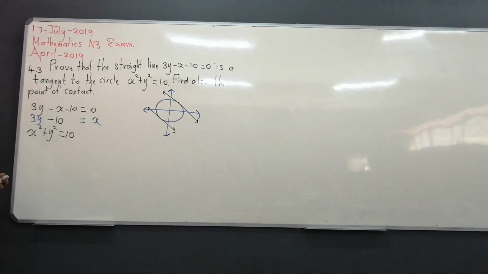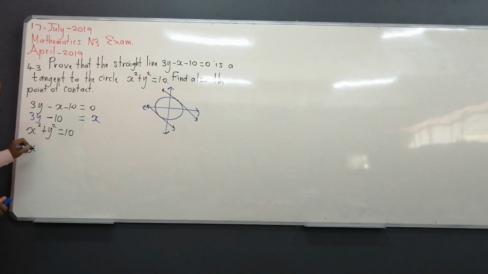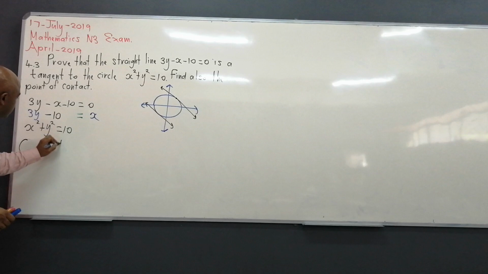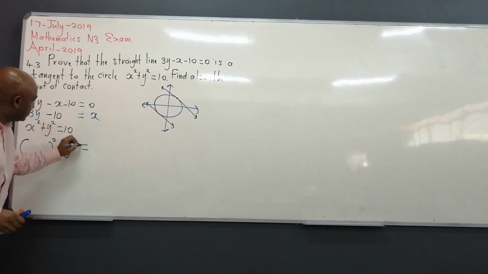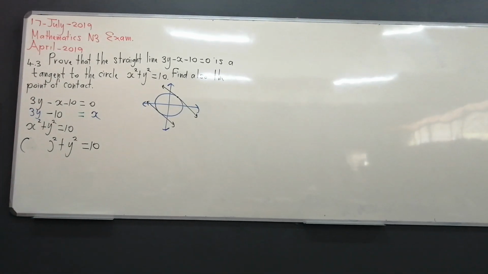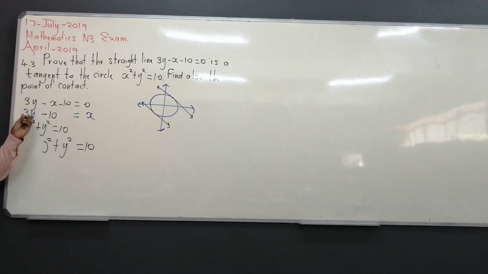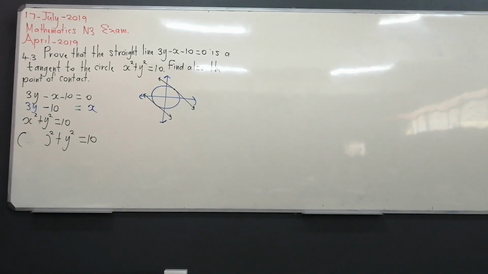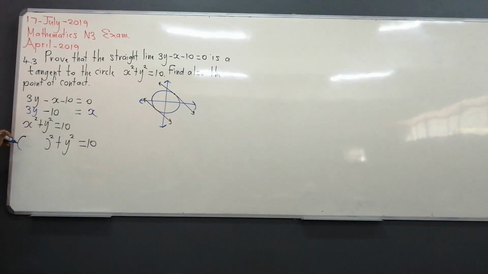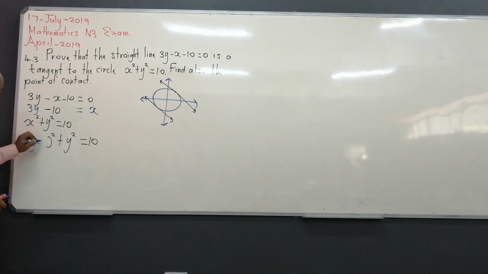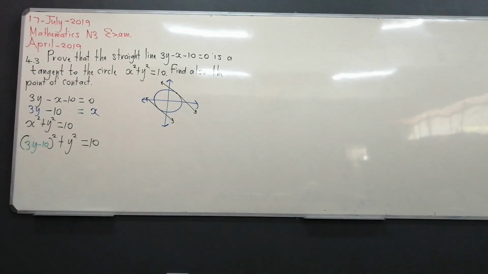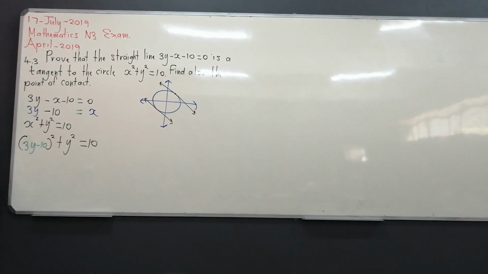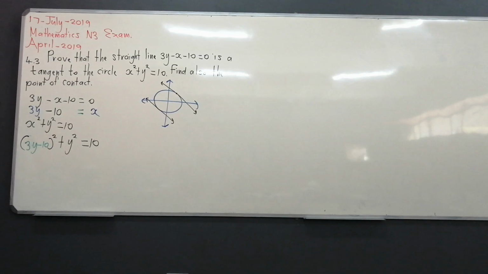So now we will substitute. Right, so now I'll take 3y minus 10, replace x in this equation. So that will be 3y minus 10 squared. Now we have only one unknown, which is y. What we're going to do is we will square it.